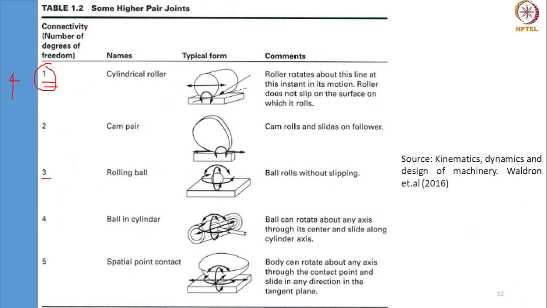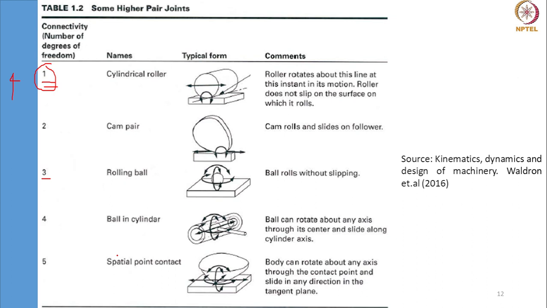We have 3 degrees of freedom, and a ball in a cylinder, we have 4 degrees of freedom, which can rotate about any axis through 3 axes and one sliding. So totally we have 4 degrees of freedom when a ball is in a cylinder.